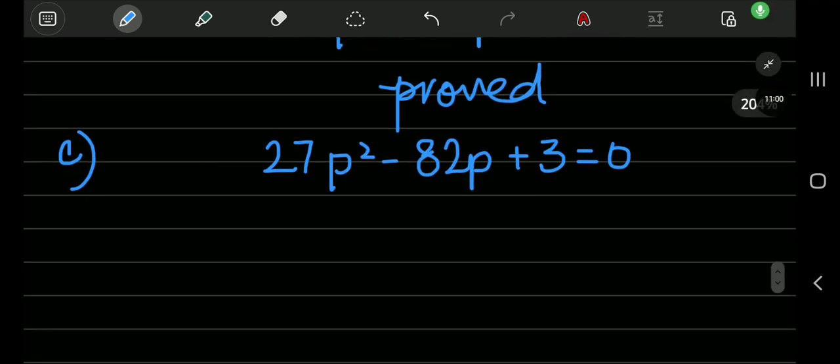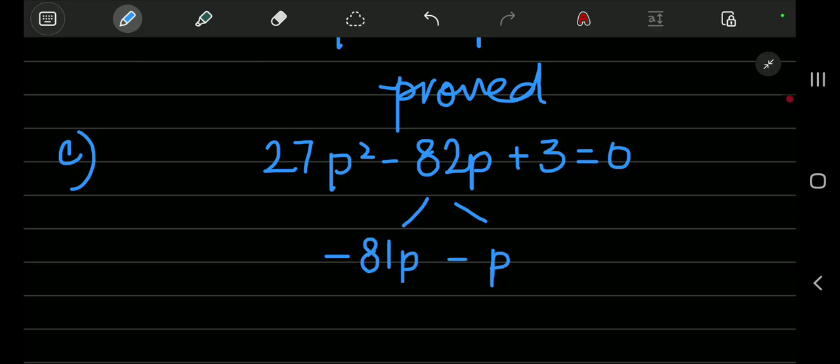Yeah, it is very easy to solve because the two factors of it would be minus 81p and minus p, as 27 times 3 is 81. So when you multiply these together, you will get 81p squared, and when you add them together, you will get minus 82p.